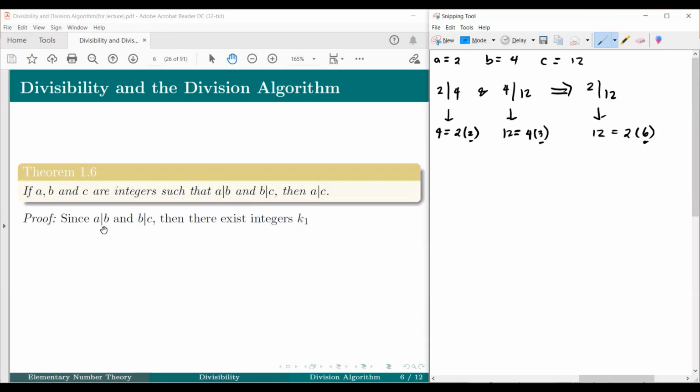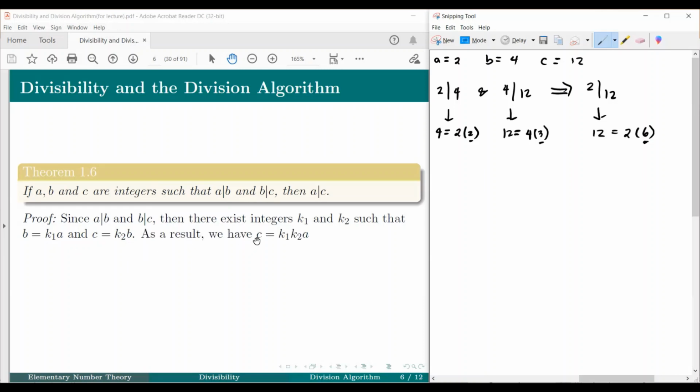So we have a divides b and b divides c. By definition, there exist integers k1 and k2 such that for a divides b, we can write b is equal to k1 times a, and for b divides c, we can write c is equal to k2 times b.